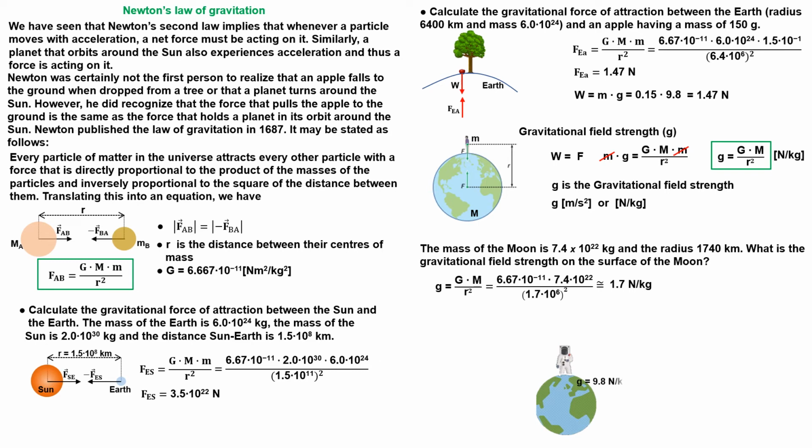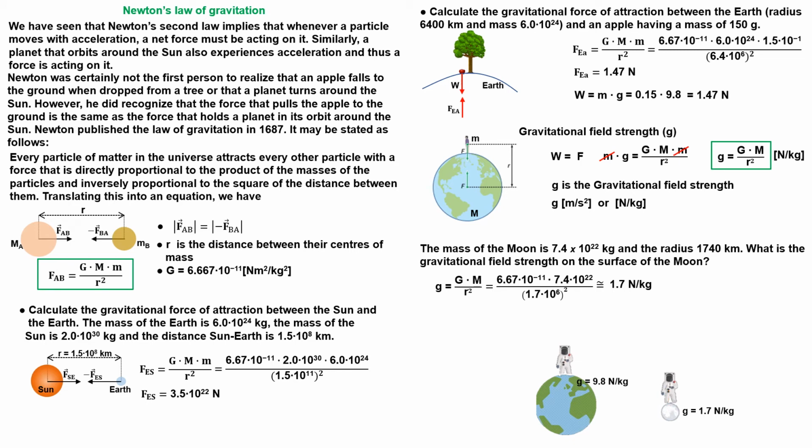This means an object with a mass of 1 kilogram would be attracted towards the center of the Earth by a force of 9.8 newtons. The gravitational field strength of the Moon is 1.7 newtons per kilogram. This means an object with a mass of 1 kilogram would be attracted towards the center of the Moon by a force of 1.7 newtons.